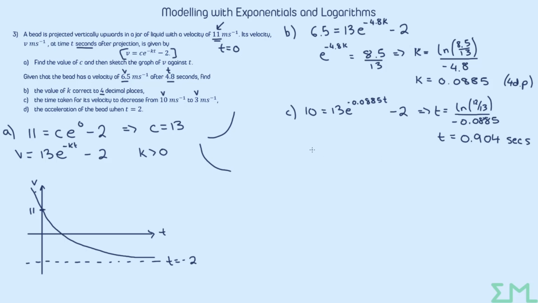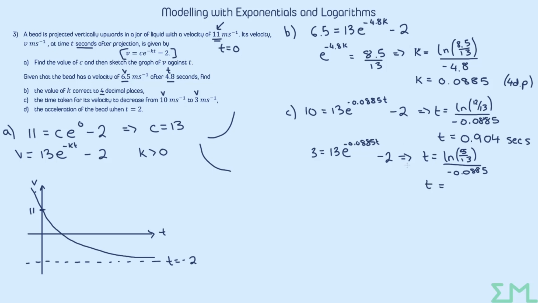Now we're going to see how long it takes to go down to 3. So putting it into the same equation, 0.0885t, take away 2. Rearranging again in a very similar way, so it's going to be ln of this times 5 over 13, because we did the 3 plus 2, over the negative 0.0885.